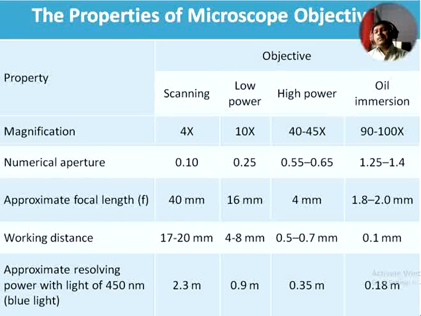So another property is the numerical aperture. In case of scanning objective, the numerical aperture of that lens is 0.10. In case of low power objective it is 0.25, and in high power objective it is 0.55 to 0.65.